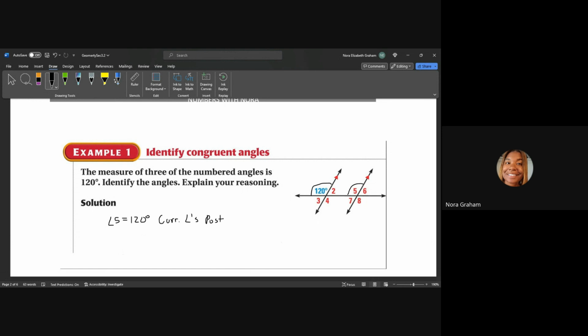We know that that one's going to equal 120 degrees. Another one that we can see is going to be equal is this angle down here, angle 4. So we can put that angle 4 is equal to 120 degrees.